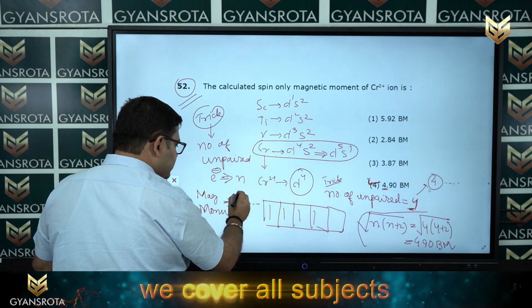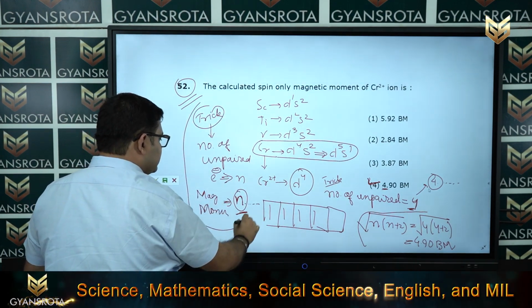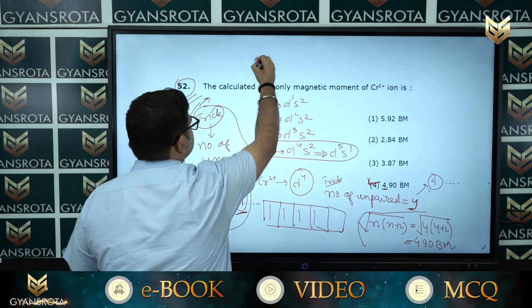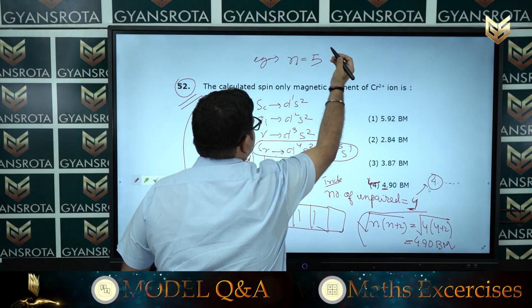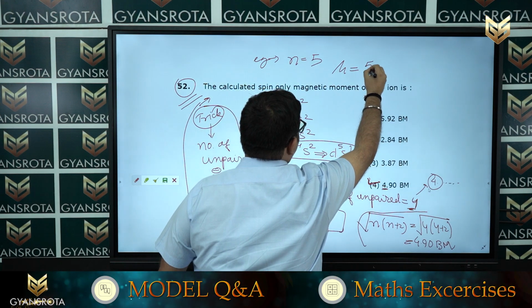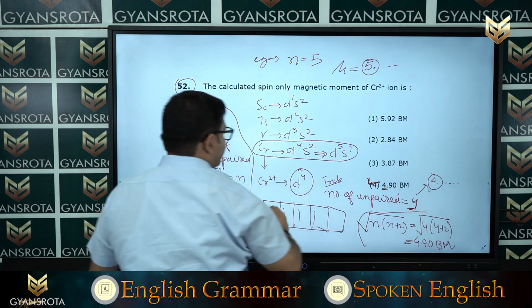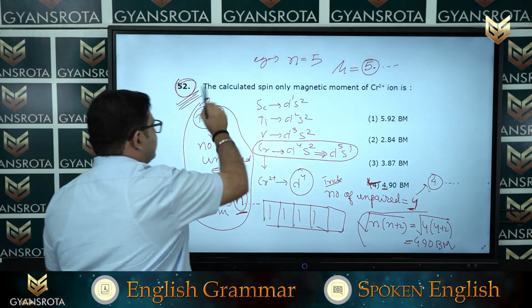So the first term always should be n. It is a trick, it is not a concept. If your number of unpaired electrons comes as 5, then definitely the magnetic moment value should start with 5 point something. So this is just a trick. So option number 4 is the correct answer of your question number 52.